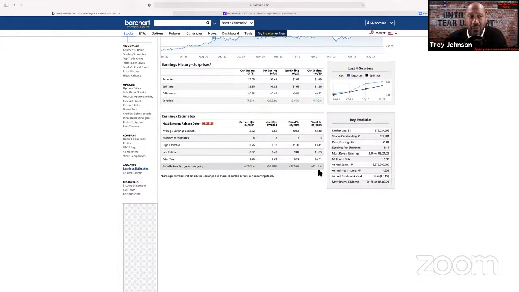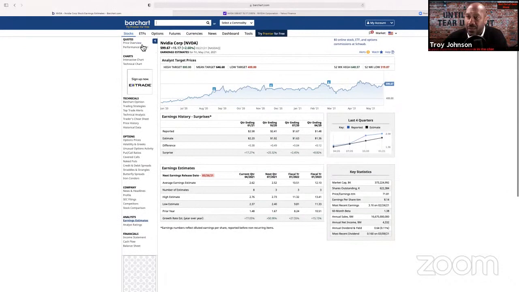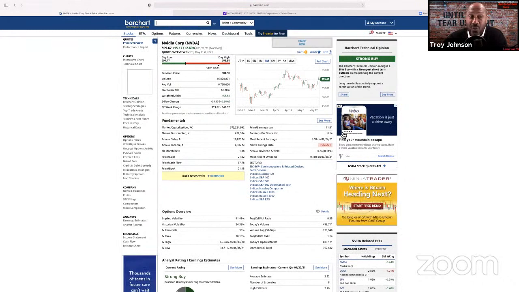Now, remember what I said earlier about why the PE ratio is important. The PE ratio lets you know how expensive a stock is, how much you're willing to pay above the EPS. And a fair price is a PE near the growth rate. So if the growth rate of Nvidia is 15%, but the PE ratio is 77, that's way above the growth rate, right?